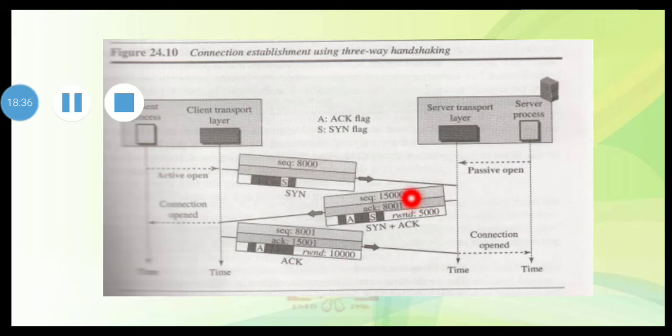This segment plays the role of a SYN segment which needs to be acknowledged, so it consumes one sequence number. This SYN plus ACK segment cannot carry data, but it does consume one sequence number.